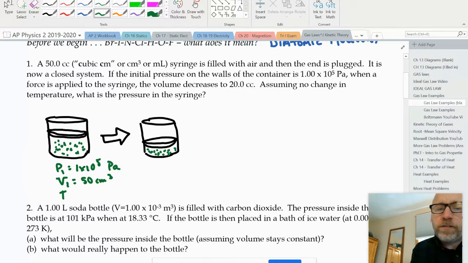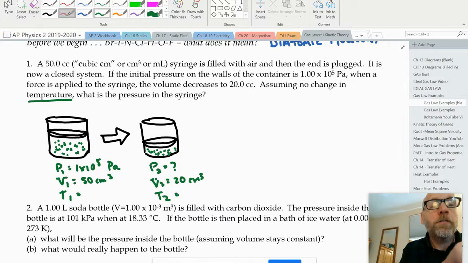Now, it says no change in temperature. So T1 is going to be equal to T2. So pressure 2 is what we're looking for. Volume 2 is 20 centimeters cubed, and T2 is the same, constant. So, ready?